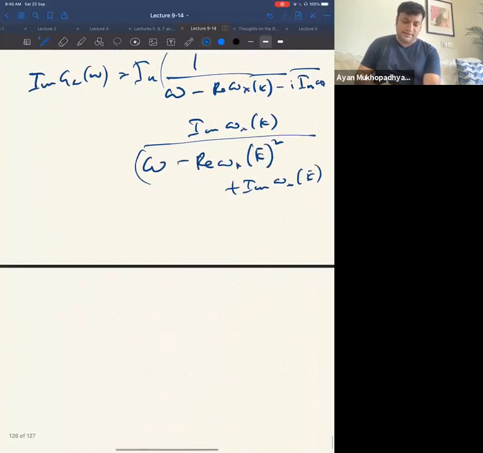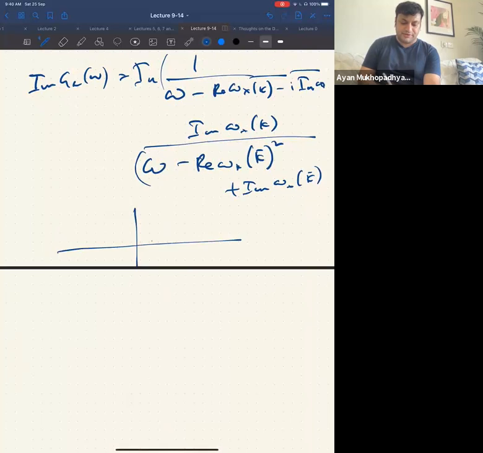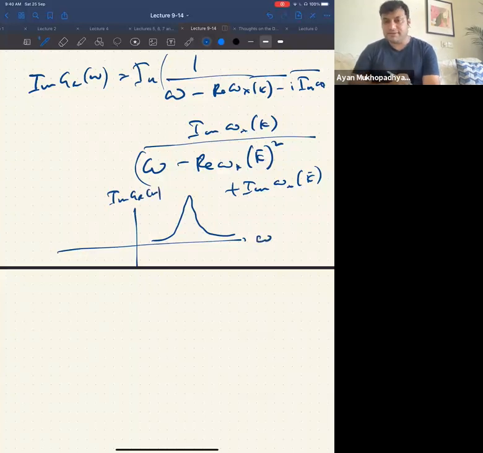And if you plot it as a function of omega, it should look like a bump like this. This is imaginary G^R(omega) plotted as a function of omega. You will see there's a bump, and this bump has to do with this quasi-particle pole. And the width of the pole is essentially this imaginary part.